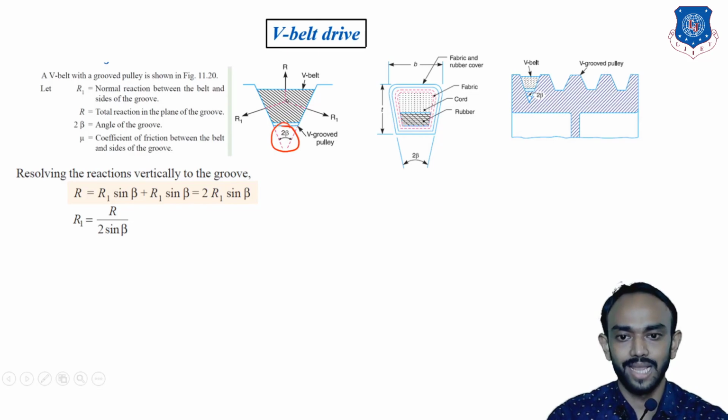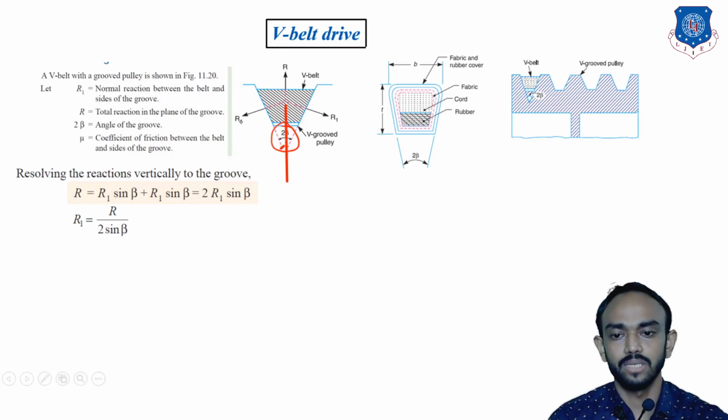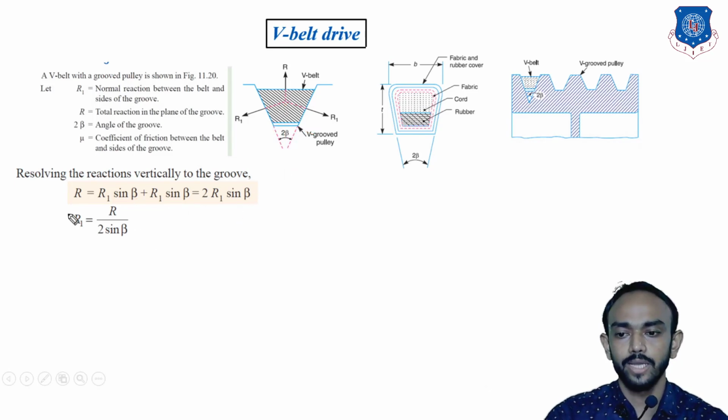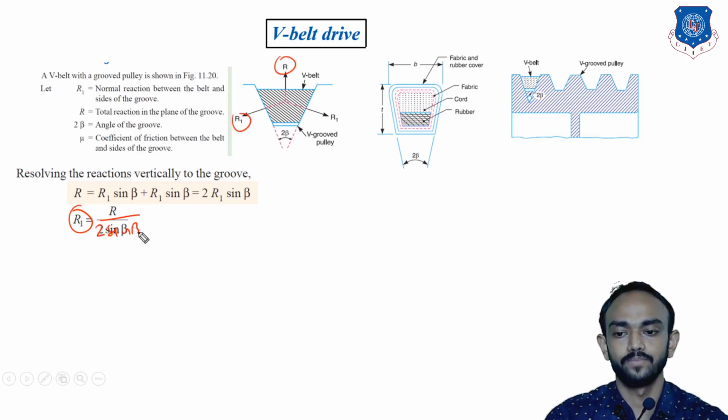If you draw the line here like this, and there is a 90 angle, this will be 90 minus beta, since the half angle is beta. So the component of R1 is R1 cos(90 minus beta), which becomes R1 sine beta. The same for the other R1, and it becomes 2 R1 sine beta. Okay, so our reaction R1 is equal to R divided by 2 sine beta.